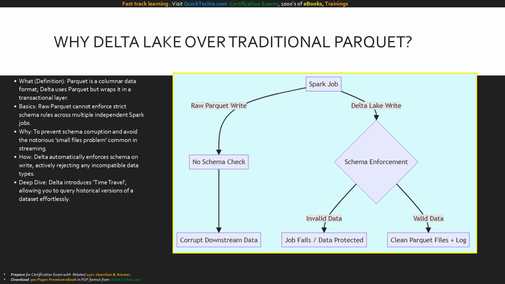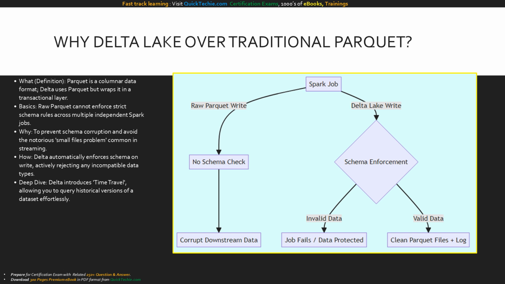It rigorously enforces your schema on write, actively blocking bad data before it corrupts your tables. Furthermore, Delta Lake automatically addresses the notorious small file problem that plagues long-running Spark streaming jobs. As a massive bonus, it introduces time travel, allowing you to effortlessly query historical versions of your dataset or roll back mistakes with a simple Spark SQL command.